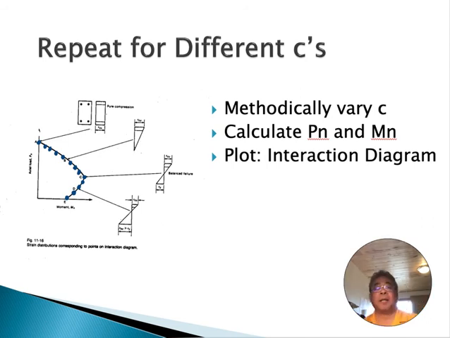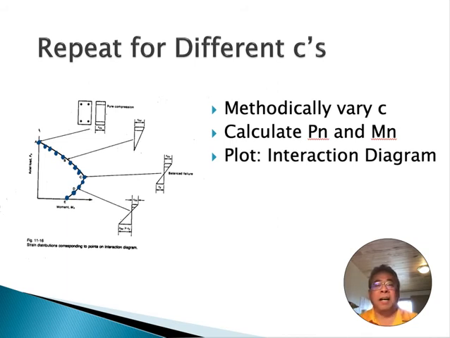And you do this, you collect all the points, and that's called an interaction diagram. It's the interaction of P and M. Well, in our quarantine, we're not going to do this. So what we're going to do instead, I'll just pick maybe 3 different C's, and we'll try it, and we'll get 3 points on the diagram.